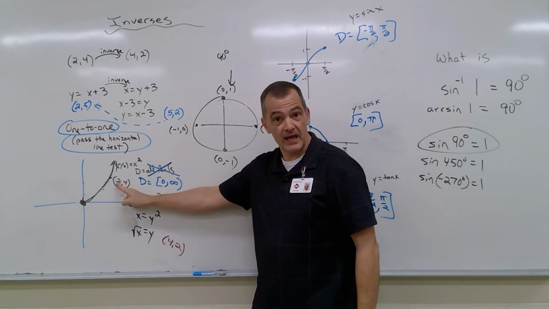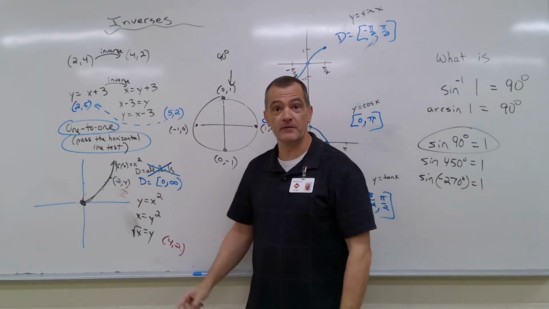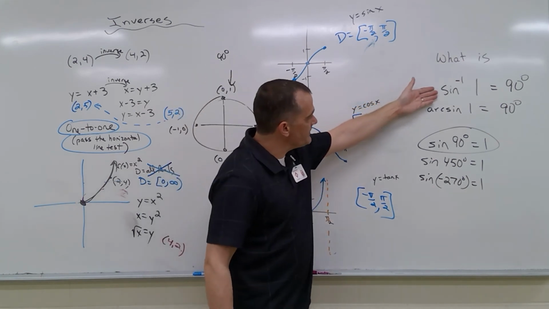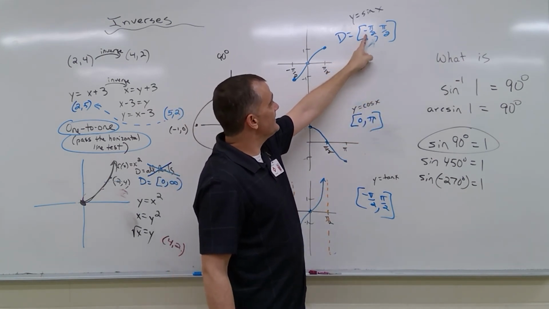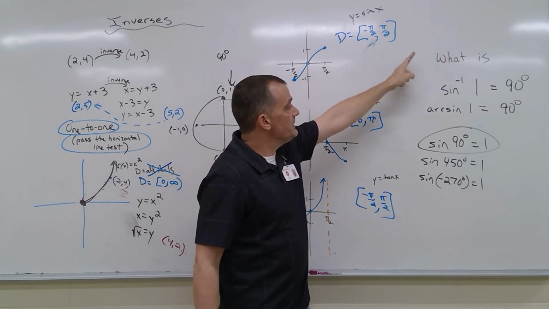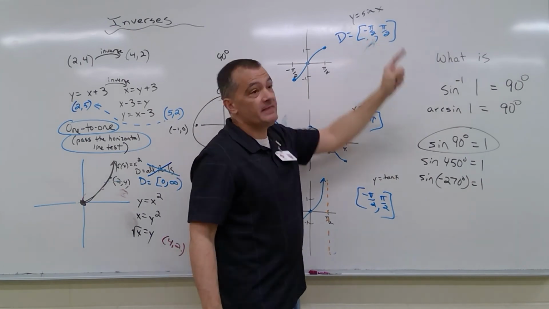Notice how 2 is x, that's the domain, now it's the range. And the range of this is now the domain of that. So, what happens here is we restricted our domain from negative 90 to 90, which means that our range of the inverse function better be between that interval.